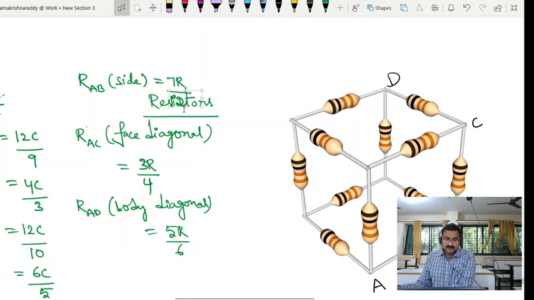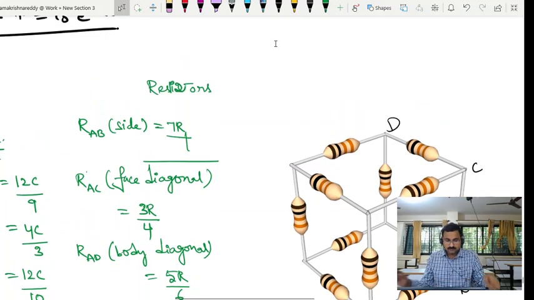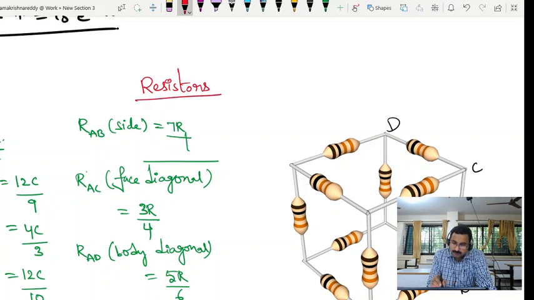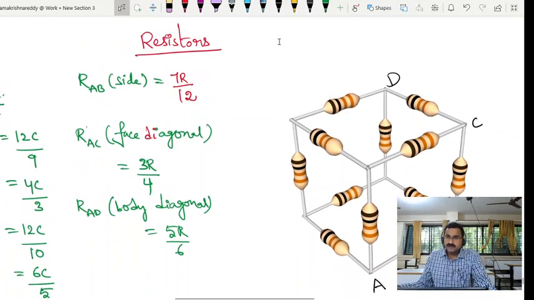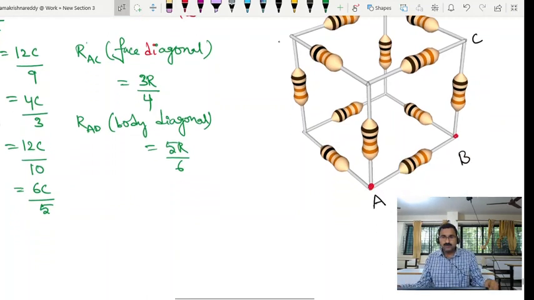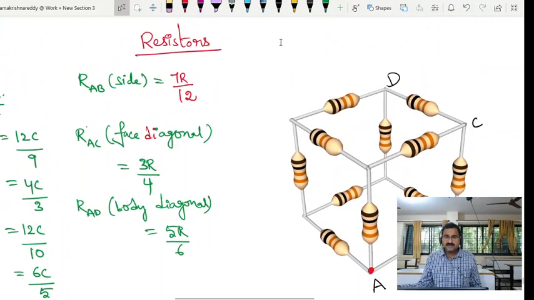For the resistor part, RAB, I am taking A, B, C and D there. When they are asking effective resistance between these two, A and B only, then what you observe is that you just reverse the earlier result.